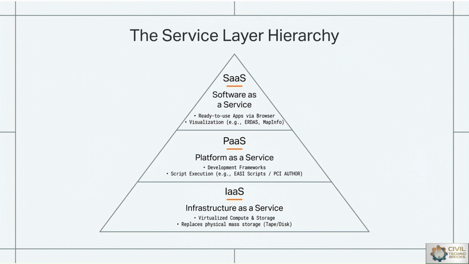The cloud GIS ecosystem consists of three main components: infrastructure component, platform component and software component. Infrastructure refers to the virtual servers and storage provided by companies like Amazon AWS or Microsoft Azure. The platform provides the environment for developers to build custom engineering applications.